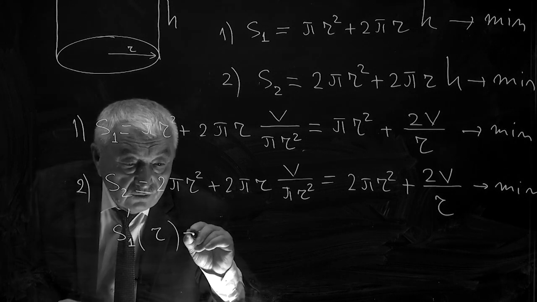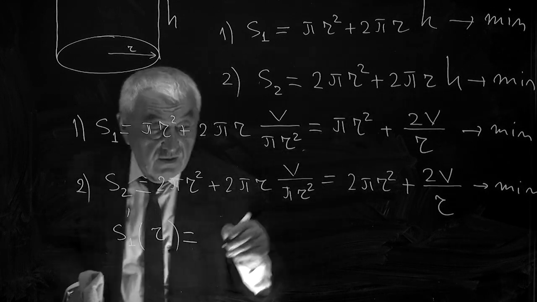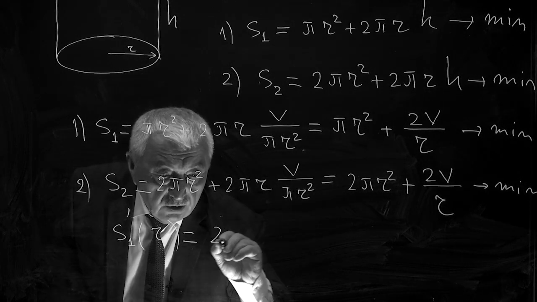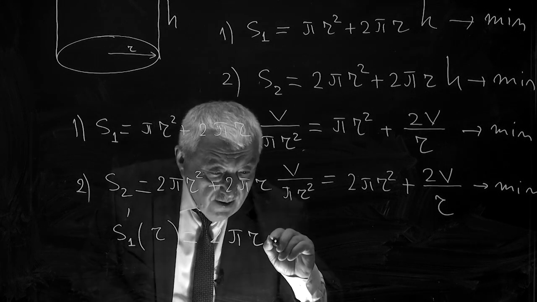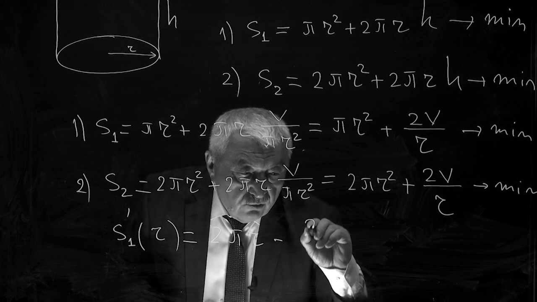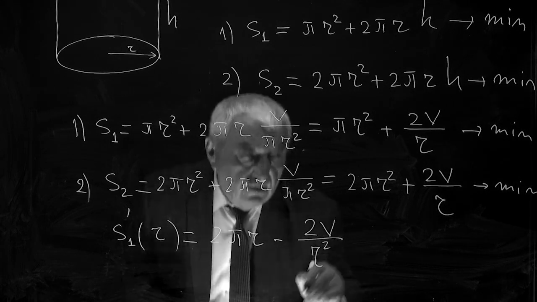S1 prime, the derivative of this function, is 2 pi r minus 2V divided by r to the second power.